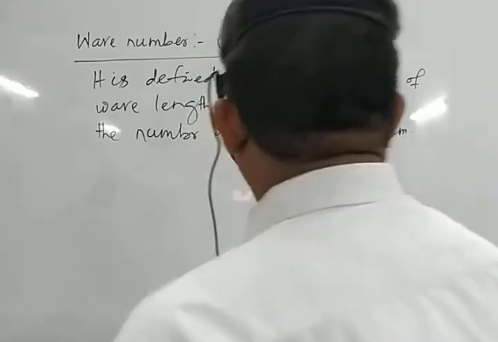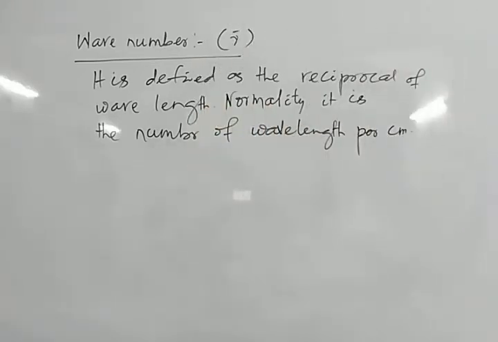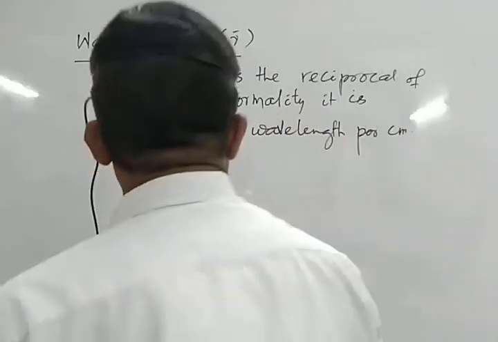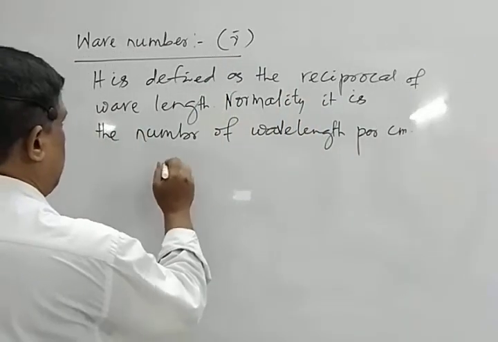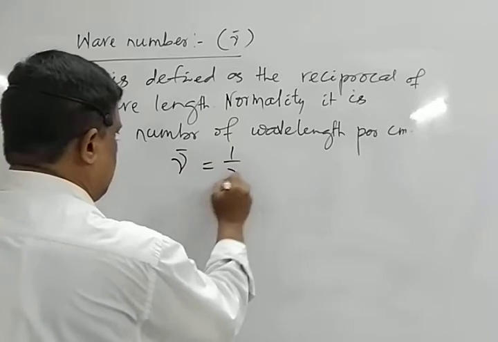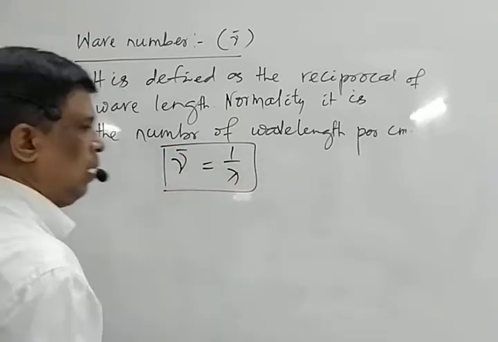The number of wavelengths per centimeter, defined as the reciprocal of wavelength, is known as wave number, that is mu bar is equal to 1 by lambda.